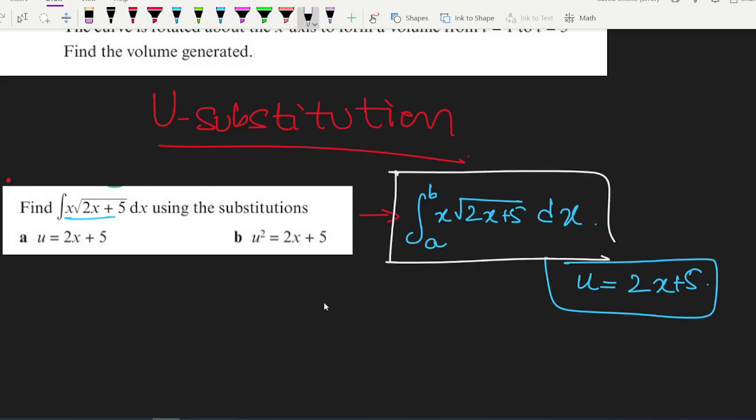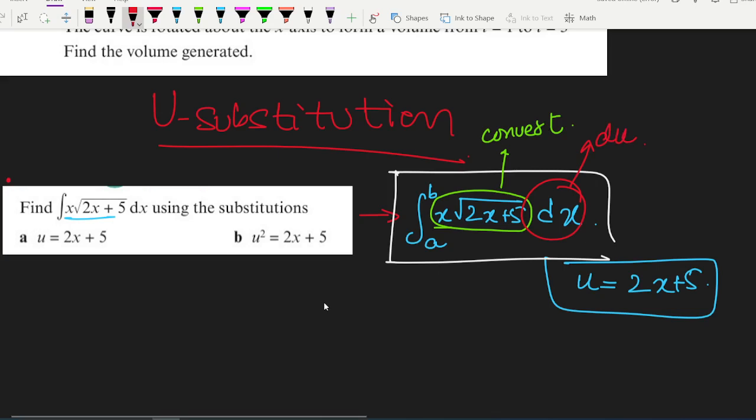There are three things which you have to take care of. The first thing is the function which you have to integrate. You have to convert this into u. The next thing which you have to convert in terms of u is this derivative dx. It should go through some transformation and convert into du.